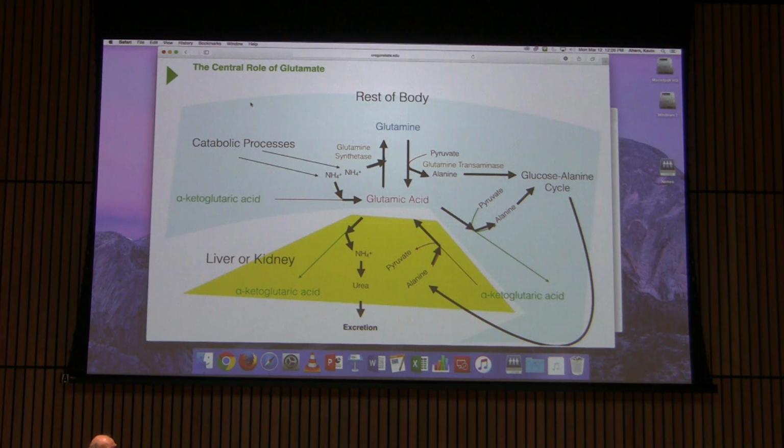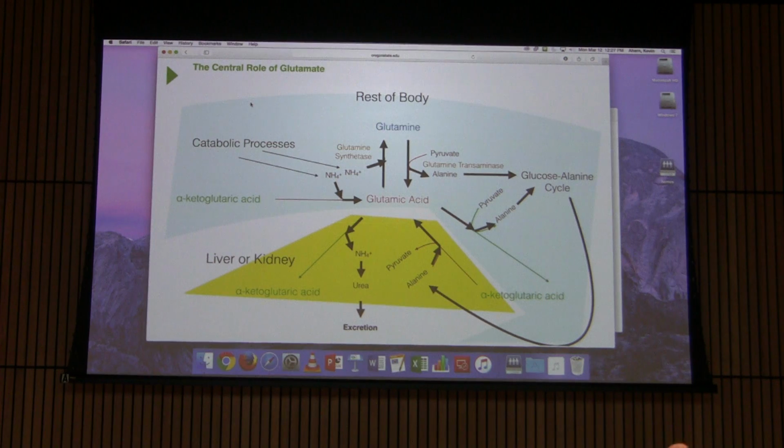Well, one way is by taking ammonium ion, this toxic material on the left, putting it onto glutamic acid and making glutamine. That reaction is catalyzed by a very important enzyme known as glutamine synthetase. Glutamine synthetase will mop up that ammonium ion and put it onto glutamic acid to make glutamine.